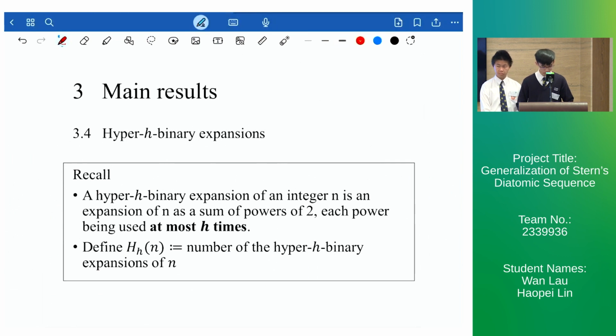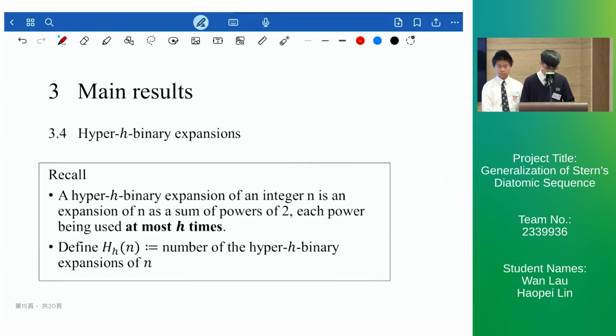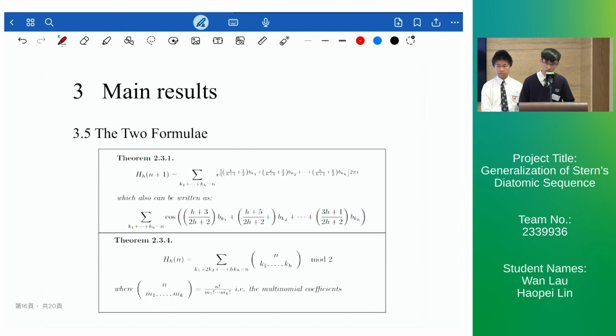Okay, here is the most complex part in our research, the hyper-H binary expansions. Hyper-H binary expansion is very similar to binary expansion, but its digit can be up to H. And we find two formulas to calculate it. Both of them are very interesting.